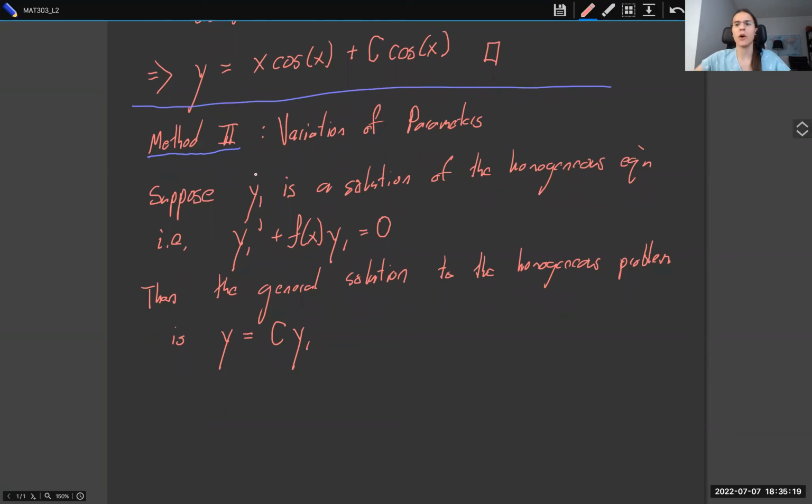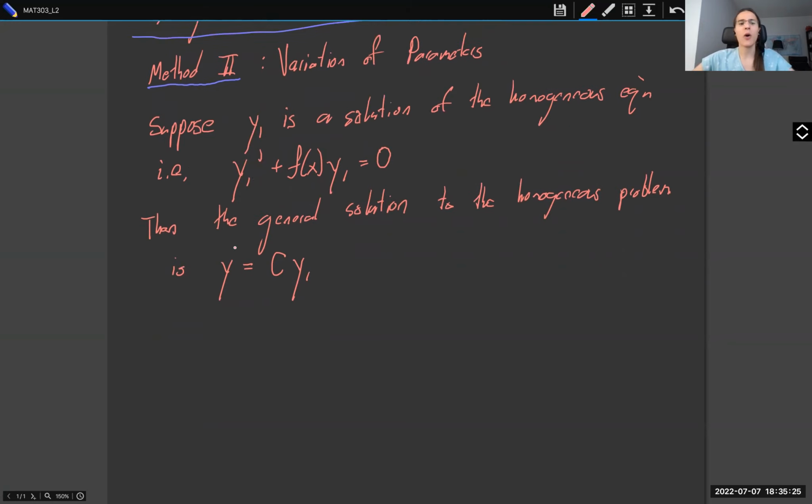And we're going to assume that y1 isn't 0, because 0 will always satisfy it. So it's some interesting solution. Now, here's the ansatz. This is a guess as to what the form of a solution will look like.